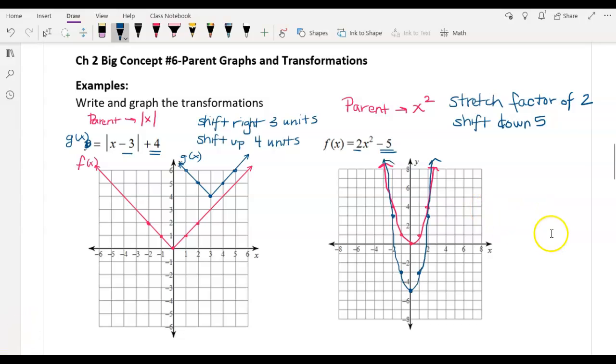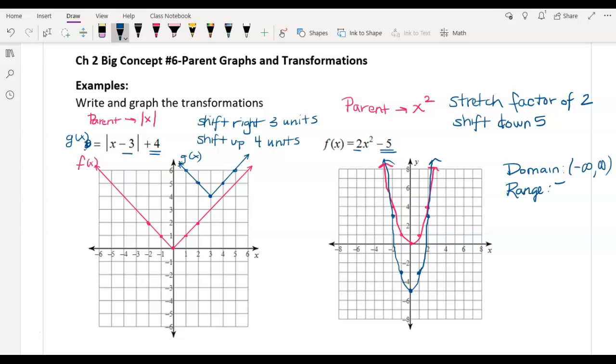All right, so now we have that U shape again. Let's take a look at that domain and range of our child function. Our domain still goes off in either direction, so that hasn't changed. It's still negative infinity to positive infinity.